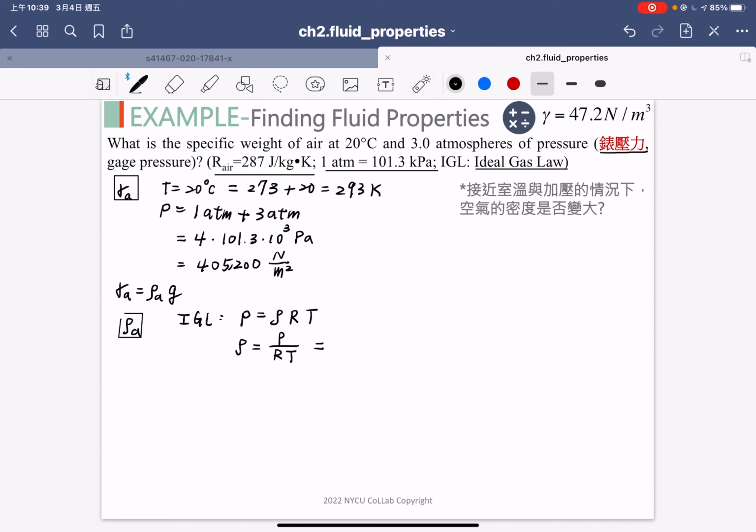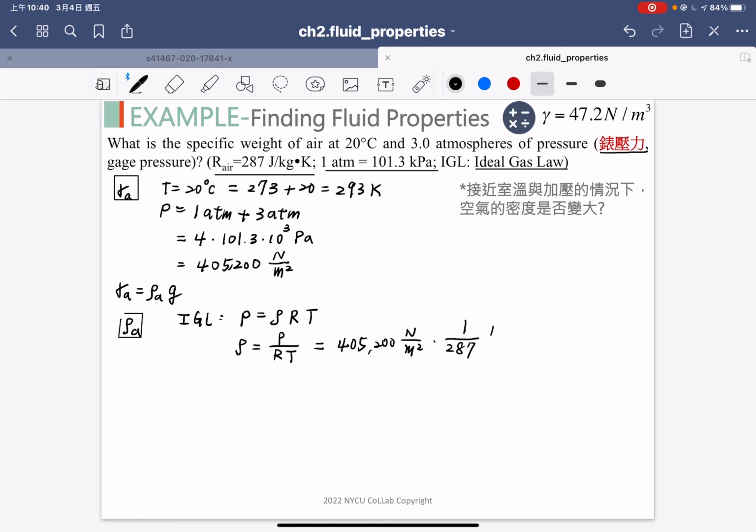So we write down all of the values we already know. The first one is the pressure: 405,200 newtons per meter squared, divided by R, the gas constant, 287 over 1, and the unit is the joule.